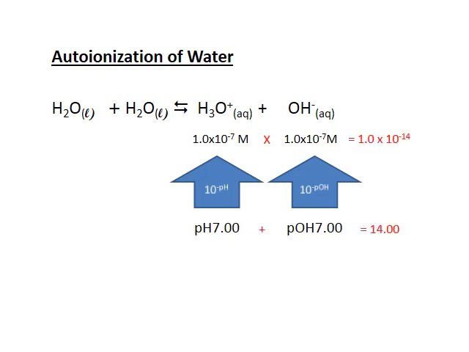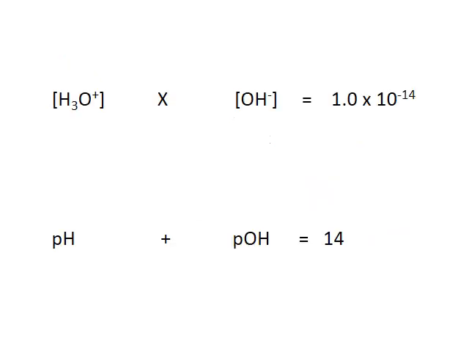And once again, I'm reusing one of my slides here. So just to hit home here, the hydronium times hydroxide is 10 to the minus 14, and that pH plus pOH adds up to 14.